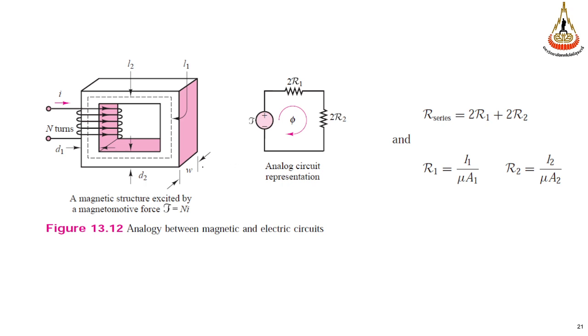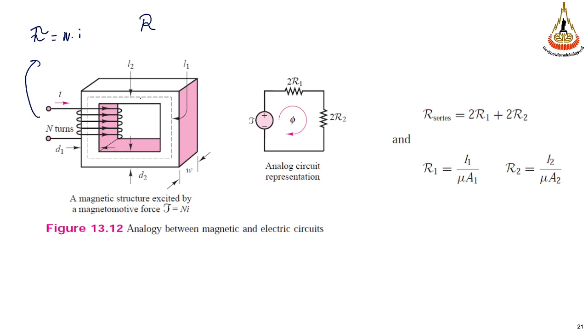Here is an example. If we have N turns of the coil and we supply I, what is F? The magnetomotive force is N into I. And what is the reluctance of this?